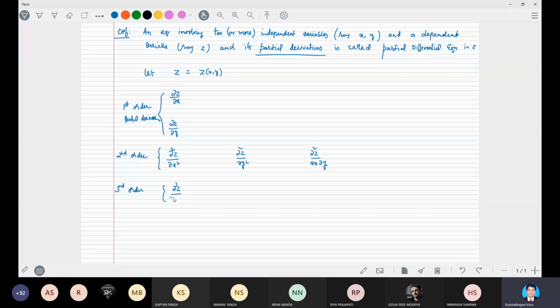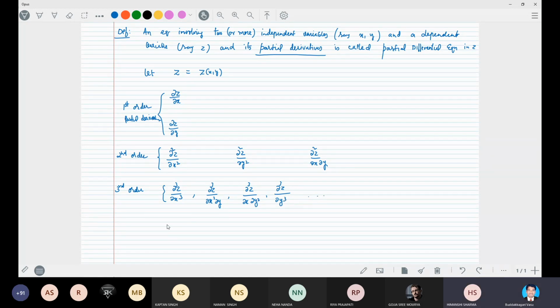Of z, ∂³z/∂x³, right? ∂³z/∂x²∂y, right? ∂³z/∂x∂y², ∂³z/∂y³, right?